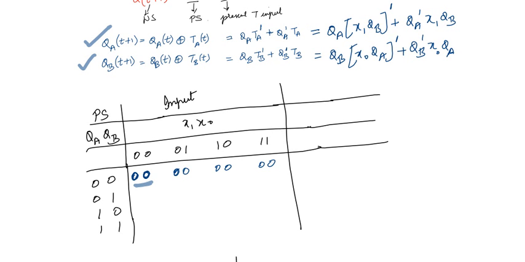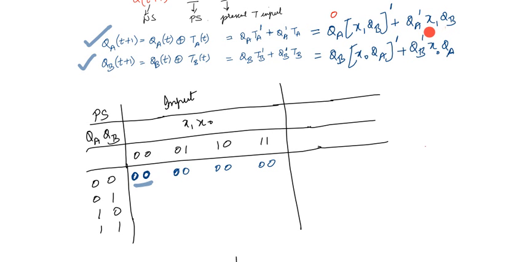Now we are going to fill for this. QA is 0, QB is 1. Similarly X1, X0 both are 0. See what I am going to do. QA is 0, so this term is 0, 0 and anything is 0. Similarly, what is X1?